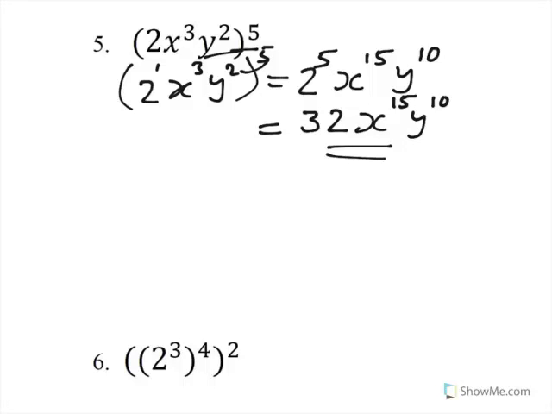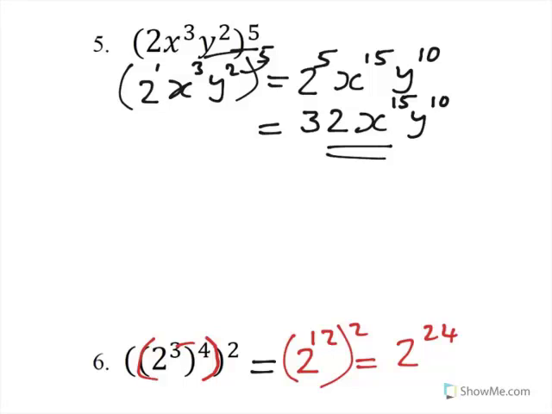How did you get on? Well, the next one, we've made it a power to a power to a power. Well, it doesn't matter which order you do it in, actually. You can do the inside brackets first. So 3 times 4 is 12, so you get 2 to the power of 12 raised to the power of 2, which is 2 to the power of 24.